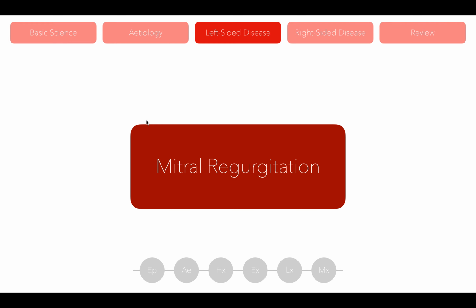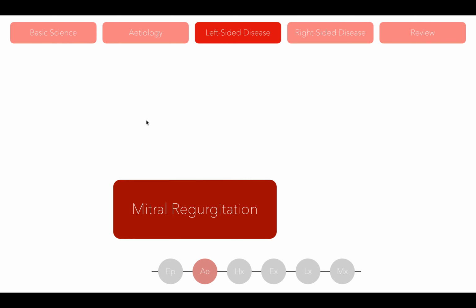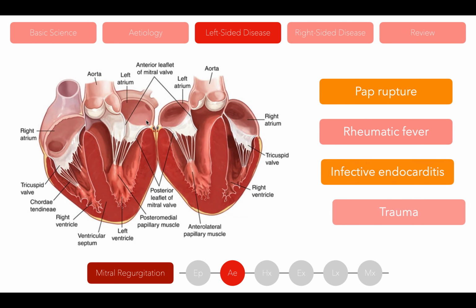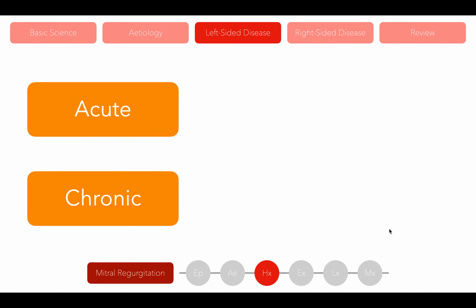So, mitral regurgitation is a bit of a different kettle of fish, really. The etiology of mitral regurgitation is it can be rheumatic fever, or it could be trauma, which makes sense. If you get stabbed in the mitral valve, it could cause regurgitation. But the one you really need to think about is papillary muscle rupture, particularly if it's really acute.